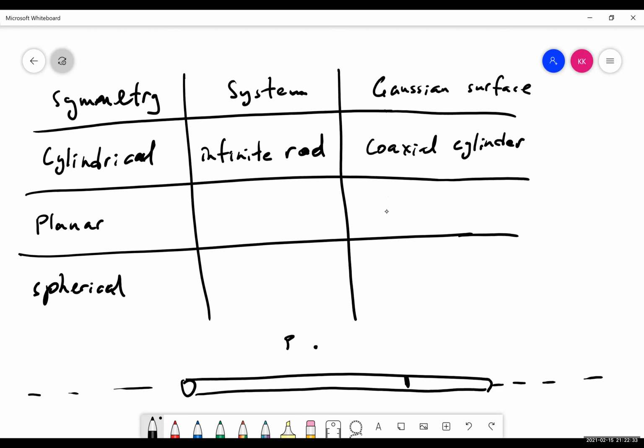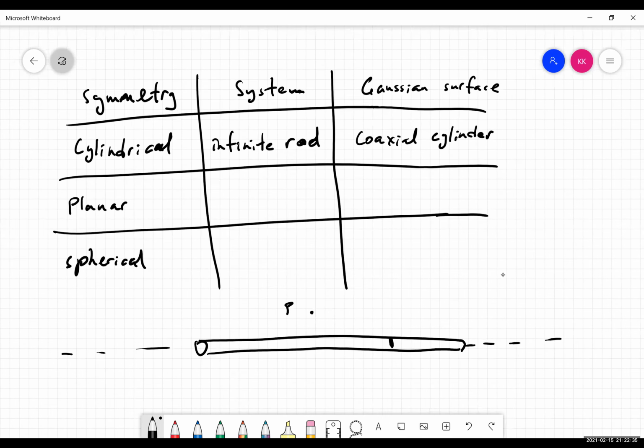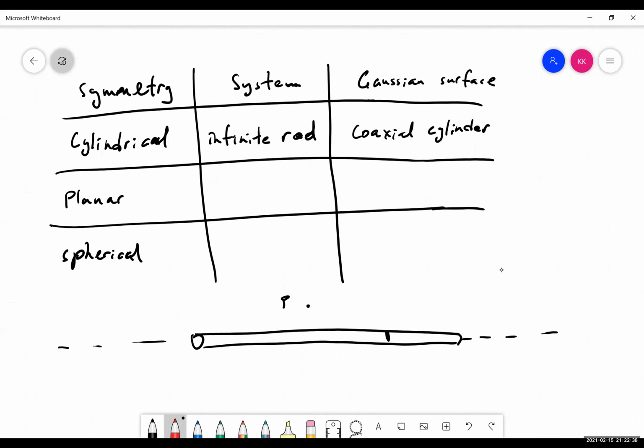Let's say I want to find the electric field at that point P. I assume there's an imaginary coaxial cylinder around this rod, such that its distance r from the center is exactly the same distance as the point P of interest. That means this r is the same as point P.